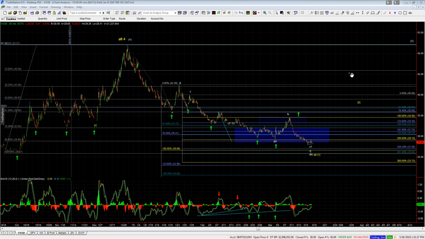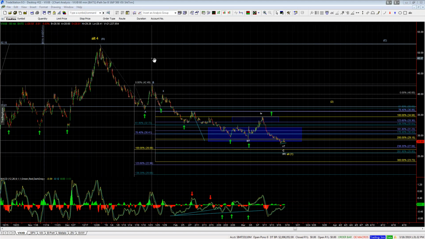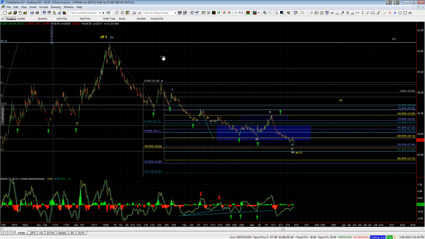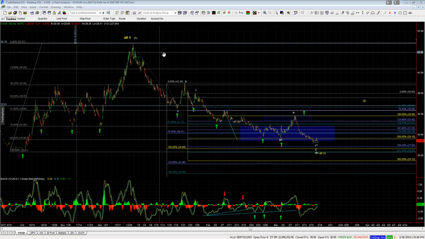So getting started here, the count on the VXX, and this is something that we've been reviewing in the VIX room. We update this chart every day in the VIX room, and it's a count that we keep regularly. I'm counting the VXX currently in a very similar pattern as what we're seeing on the SPX.